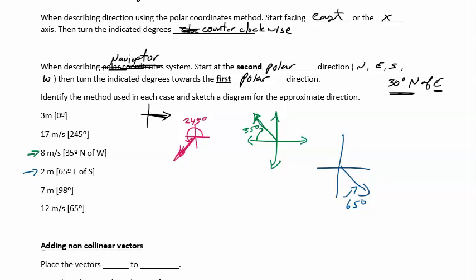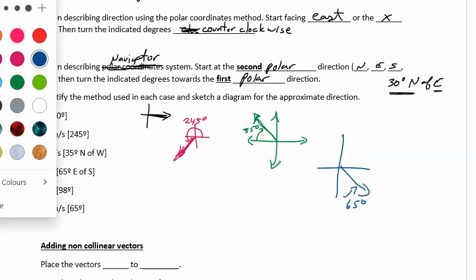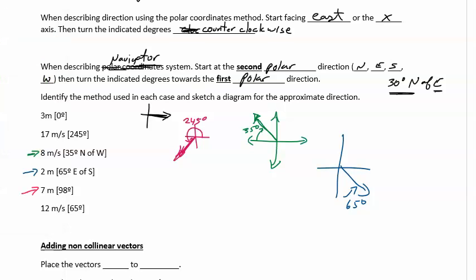Our next one is 7 meters at 98. So we're going to look at this one. We're starting at the 0 and working our way 98 degrees. So our vector would look like this.